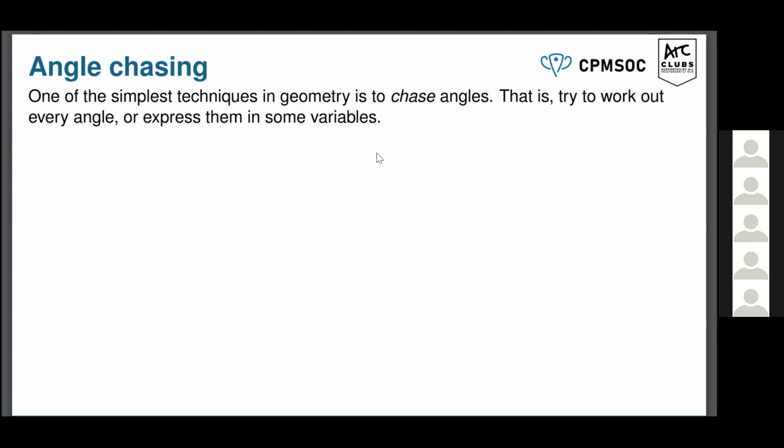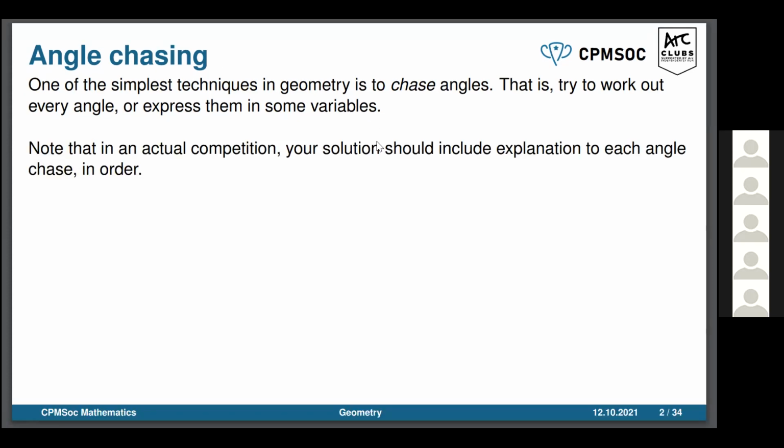When you're actually writing a formal solution, you should always use some sort of explanation to back up each of your angle chases. So for example, if you're proving two angles are equal, you can just write in brackets in your solutions, your explanation for it.